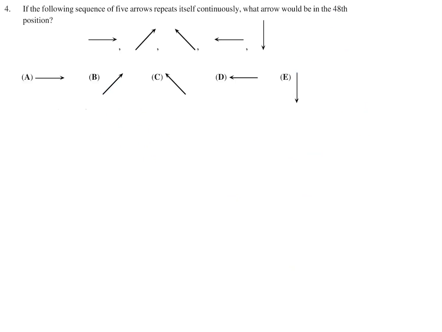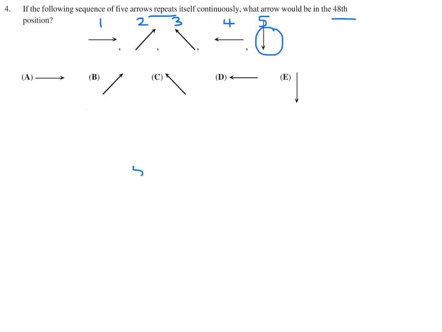If the following sequence of 5 arrows repeats itself continuously, what arrow would be in the 48th position? So this is the first position, second position, third, fourth, and fifth position. And then it just repeats. So it looks like every time we get to a multiple of 5, it's going to look like this.